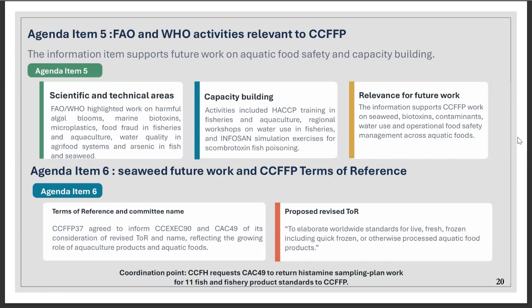To study these contents. Also, there are activities for capacity building. Activities included HACCP for risk analysis in the fisheries and aquaculture at the regional level, to hold workshops on water use in fisheries, in addition to mock exercises, simulation exercises for dealing with the scombrotoxins, fish poisoning.